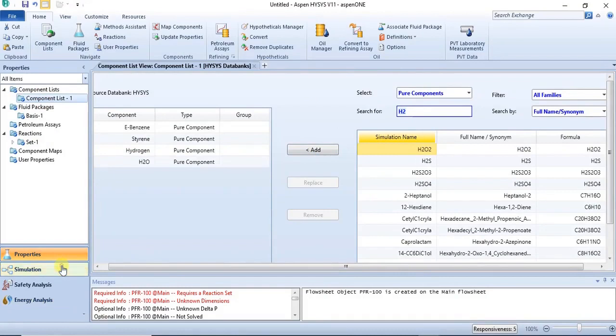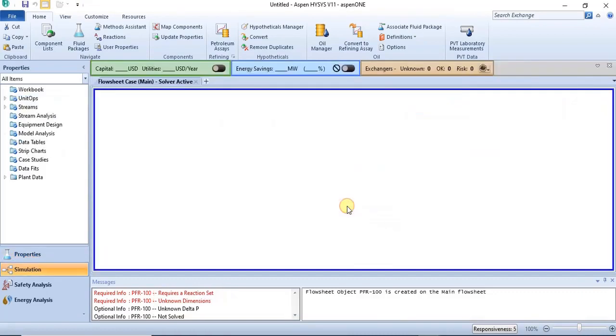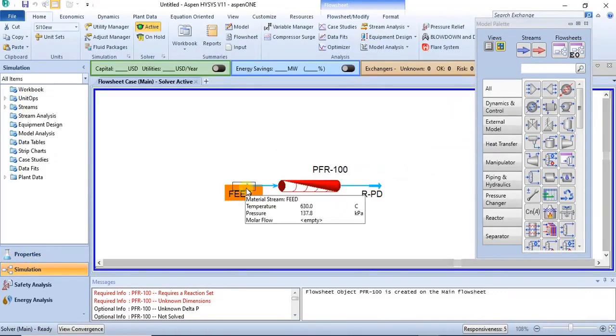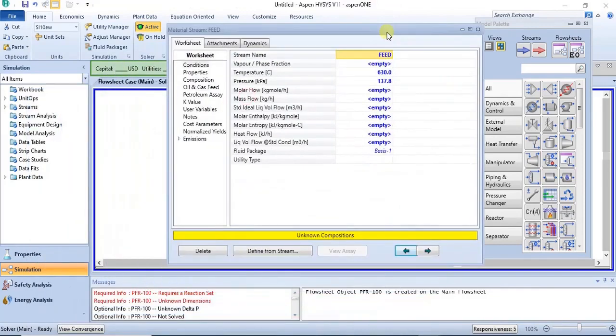So we can specify that. Do you wish to be left in holding mode? No, I don't want to be left in holding mode. Holding mode is about your solver. Your solver has to be active so that your simulation can solve. I've said that in our introductory tutorials.